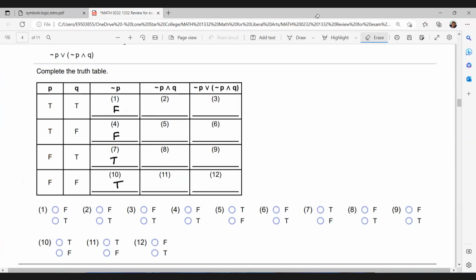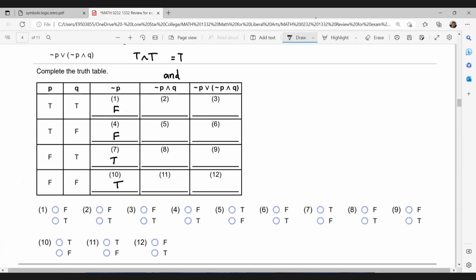So what does the next column want you to do? It wants you to take the previous column, which is everything here, and connect it with this column here using the connective and. And I think I said this a couple of times already, that if we are going to connect two simple statements with the word and, the only way that is going to be true is if and only if those simple statements are true.